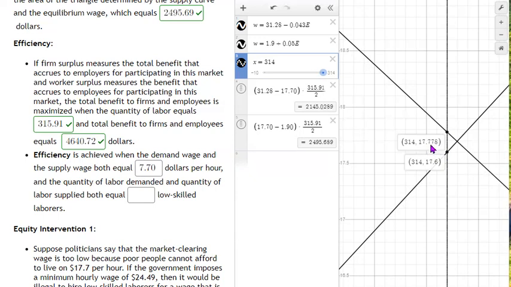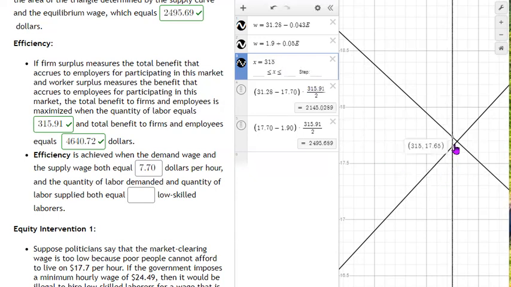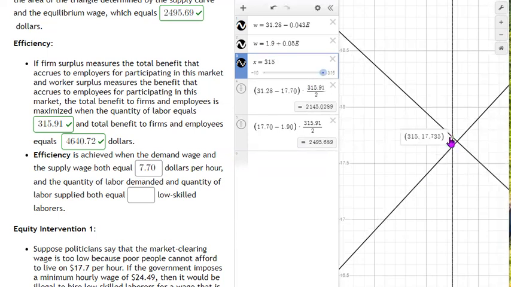This is 17.79 and this is 17.6, right? At 315, the demand wage is 1740, maybe 1730. And the supply wage is 1765, right? The reservation wage of the 315th employee is 17.65.